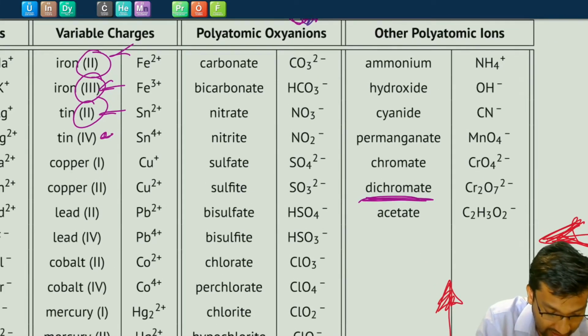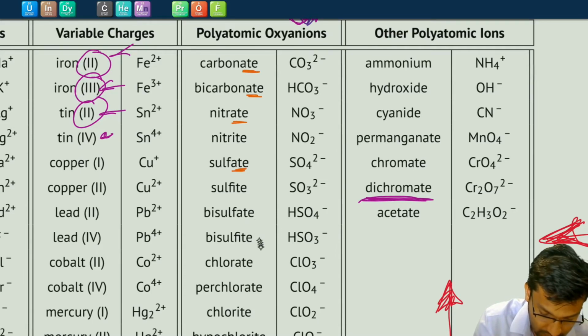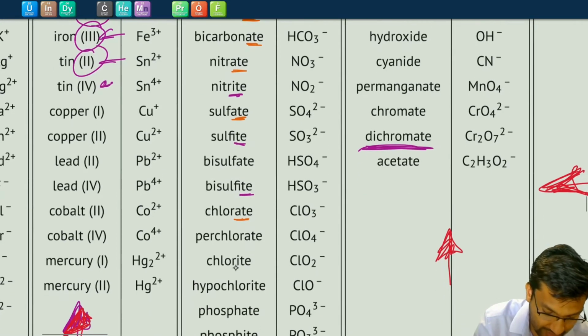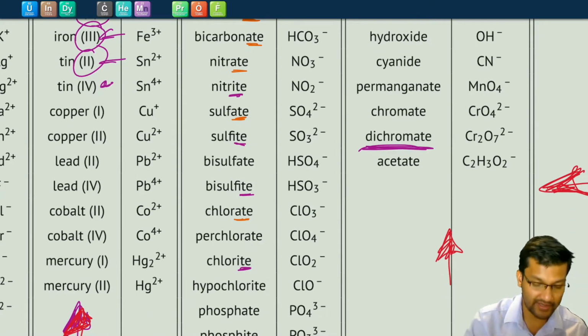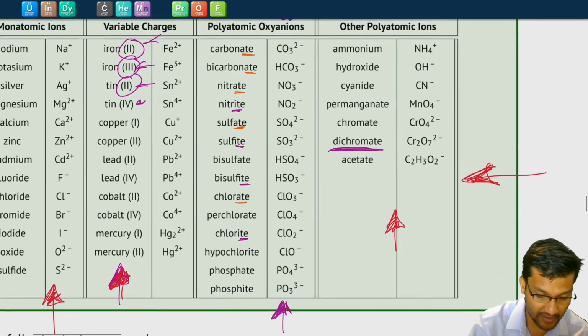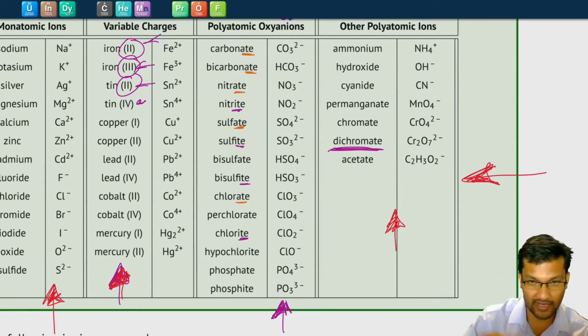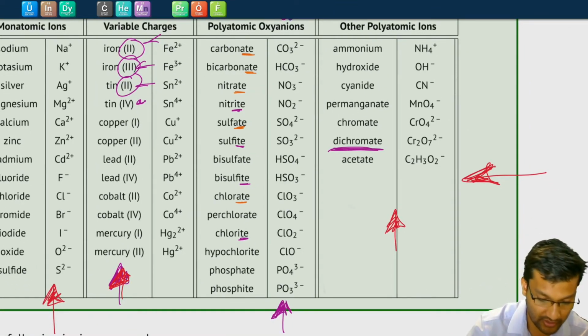They either end in ate, like carbonate or bicarbonate or nitrate or sulfate or chlorate, or they could end in ite, like nitrite or sulfite or bisulfite or chlorite. Those are really the two types of endings these oxyanions have. And remember, oxyanions are negatively charged anions with oxygen.